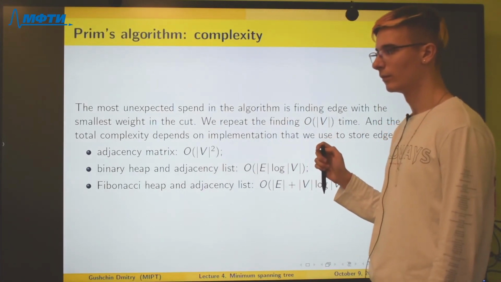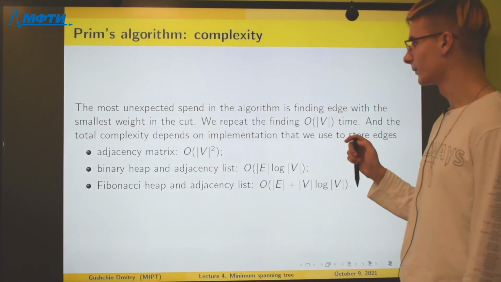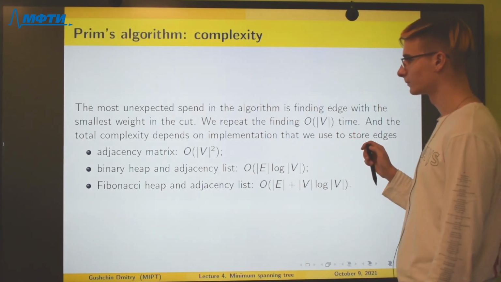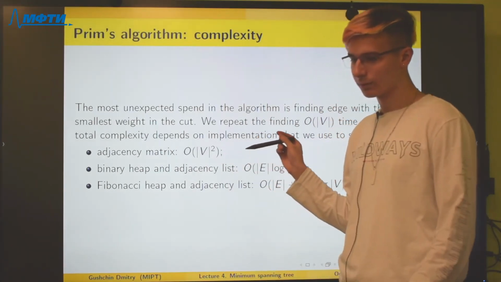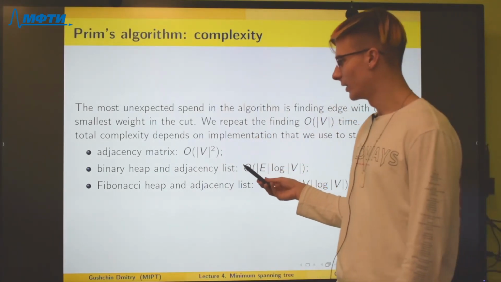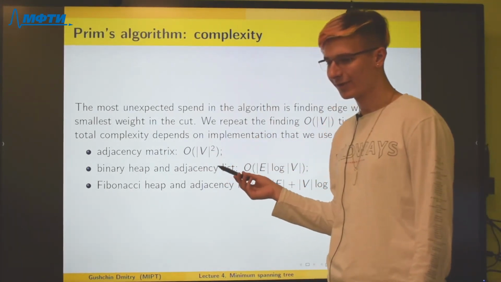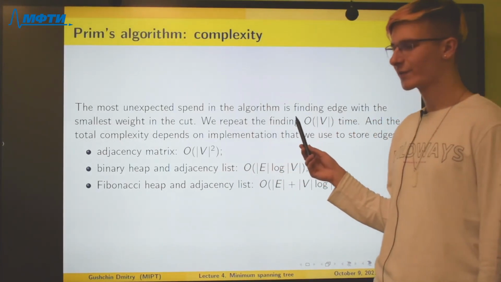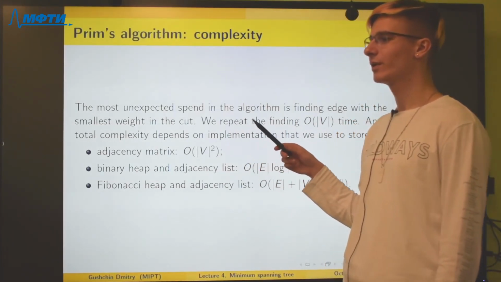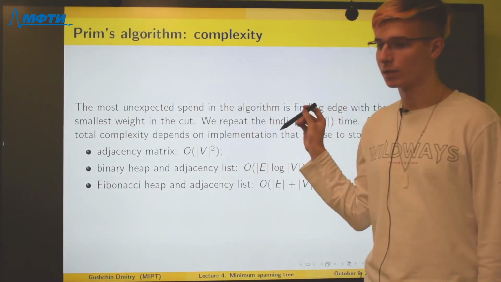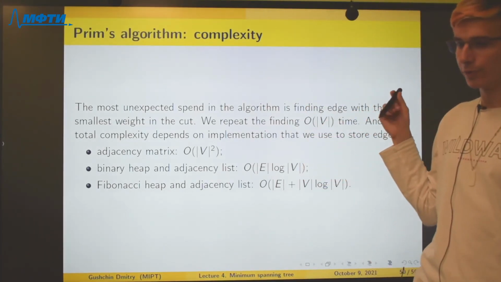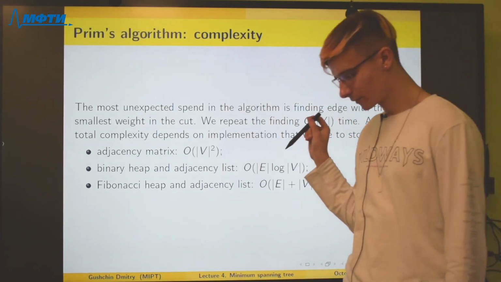You explained it in the first lecture. Okay. And of course, to store the matrix, we need to spend O of the number of vertices squared. But why in the algorithm do we spend this time if we use an adjacency matrix?